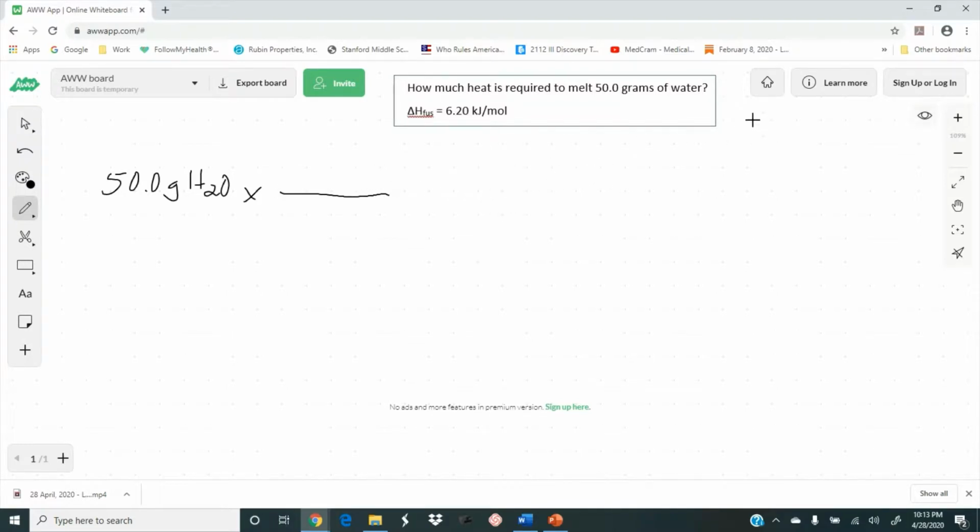For water, the atomic mass of hydrogen is 1.01. For oxygen, it is 16.0. I got these numbers from the periodic table. So two hydrogens and an oxygen: 2 times 1.01 and 1 times 16, add them together, gives you 18.02 grams per mole.